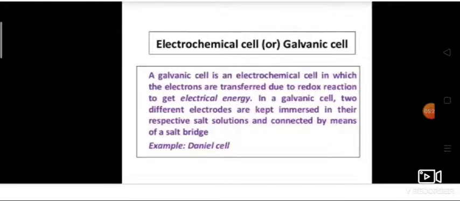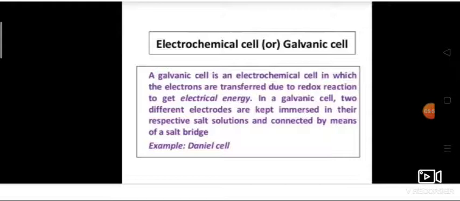In electrochemical cells we need electrodes, that is cathode and anode. The electrode at which oxidation, meaning loss of electrons, occurs is known as the oxidation electrode. So oxidation takes place at the anode.